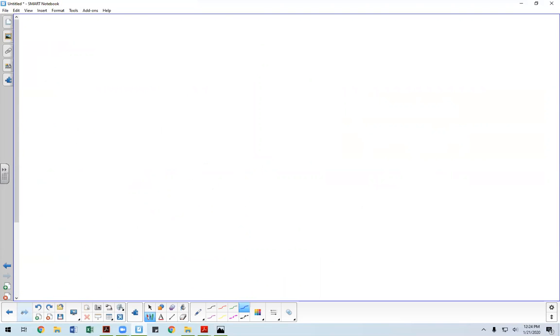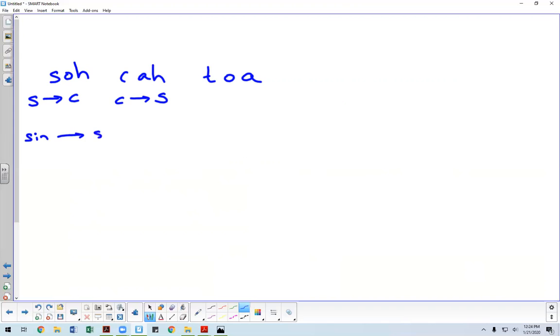Okay, so this is SOHCAHTOA. For the reciprocal functions, S goes with C, C goes with S. That means for sine, its reciprocal is going to be cosecant.